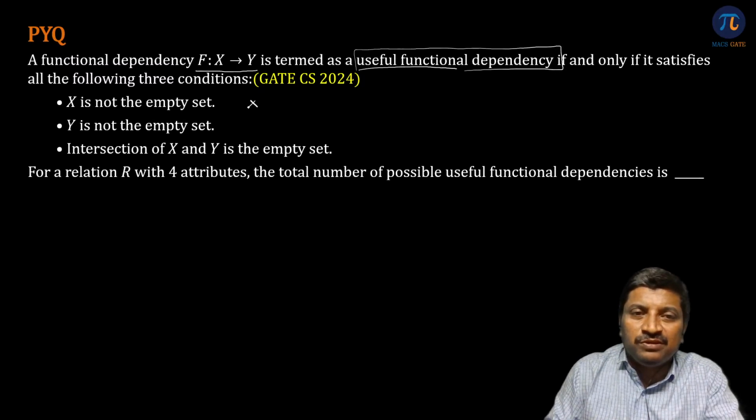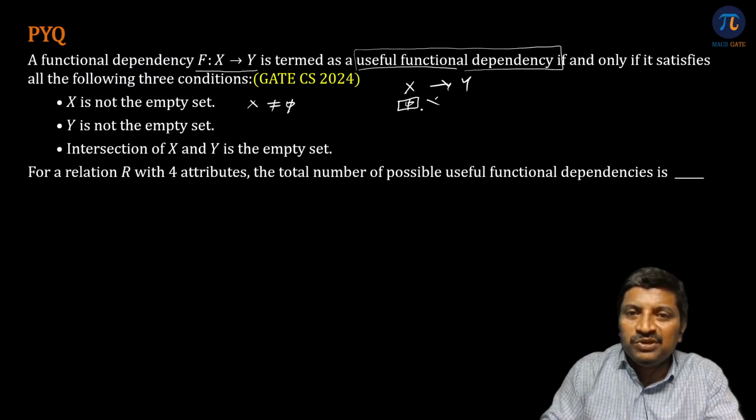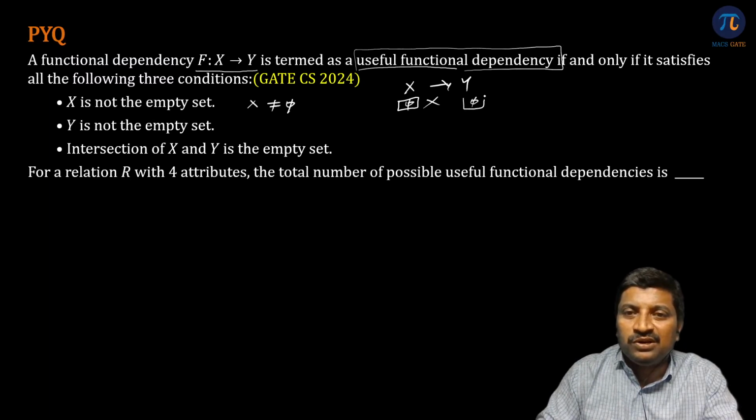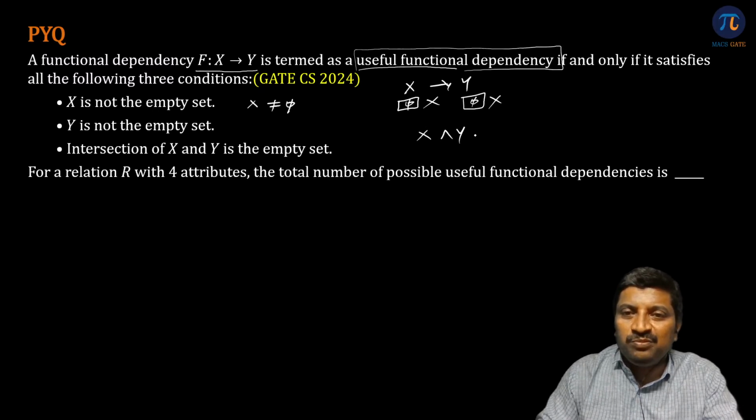X must be non-empty. That means on the left side, I should not write the empty set. Y must be non-empty. Even on the right side, I should not write the empty set. The next one, intersection of X comma Y must be the empty set. They should not have any common elements.